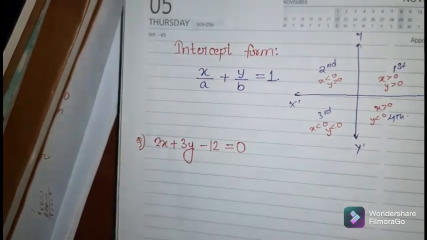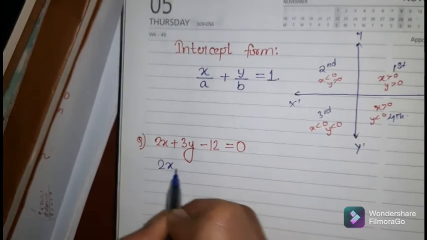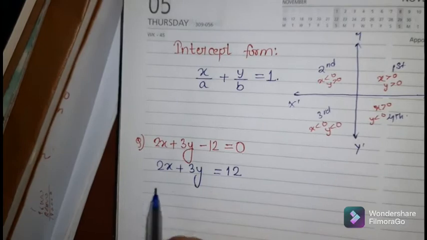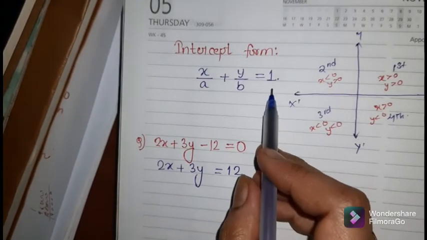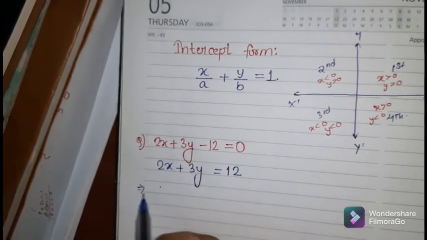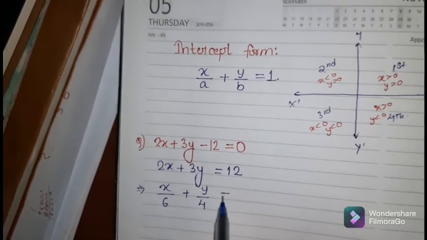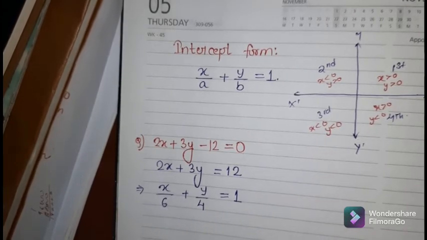So how do we convert it? 2x plus 3y equals 12. If you divide the whole thing by 12, because in the intercept form the right hand side is 1, this implies x by 6 plus y by 4 equals 1. So here we get a equals 6 and b equals 4, which is the intercept form.